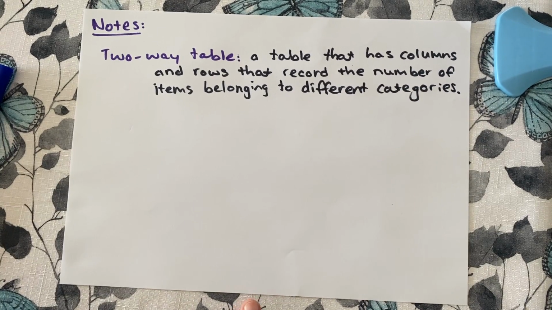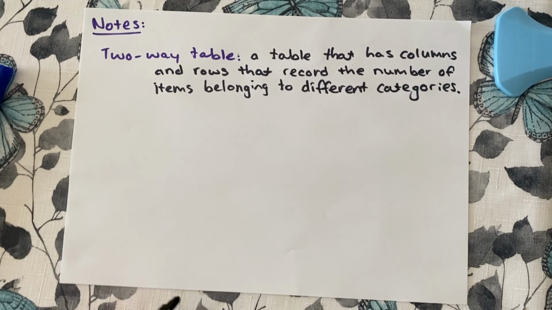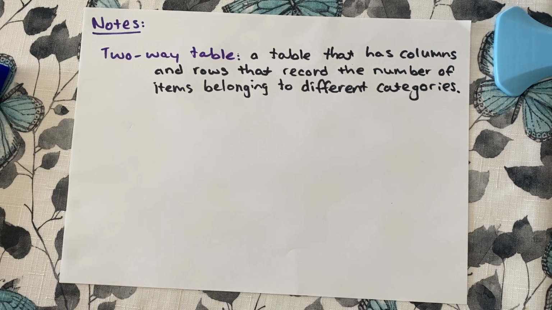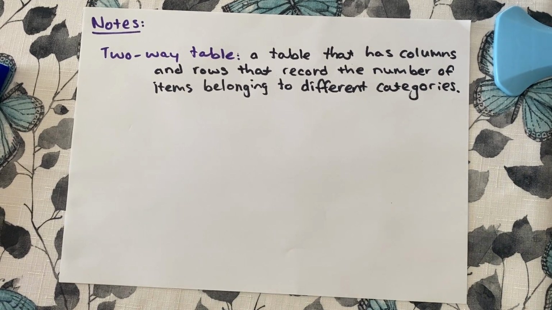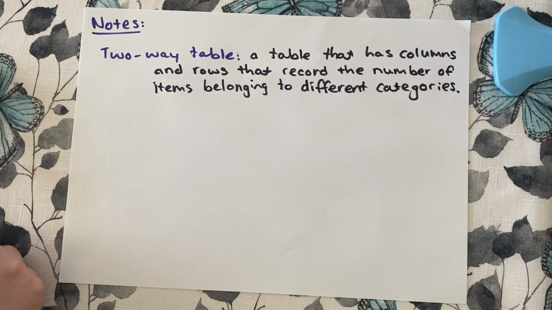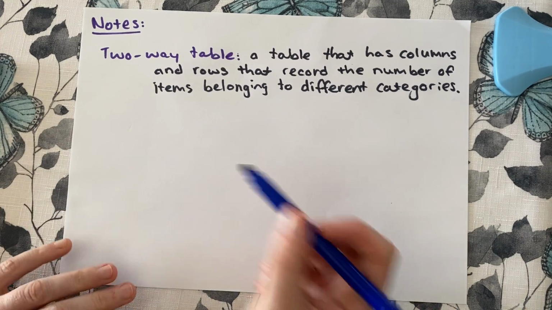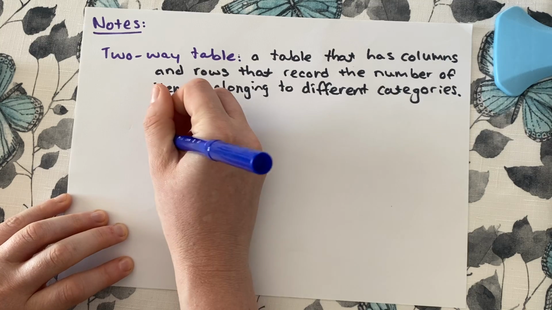These rows and columns then show a record of the results of an experiment, and they group it into different categories. It's very good for organising. So if I show you what a two-way table looks like for a start.